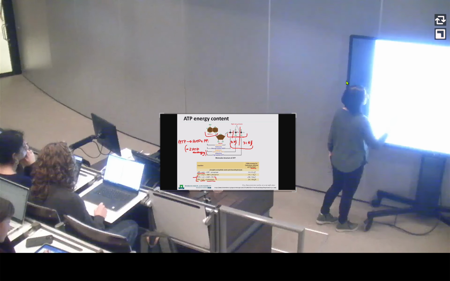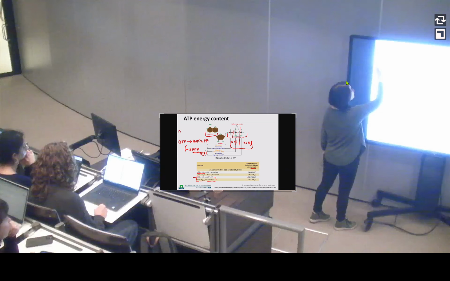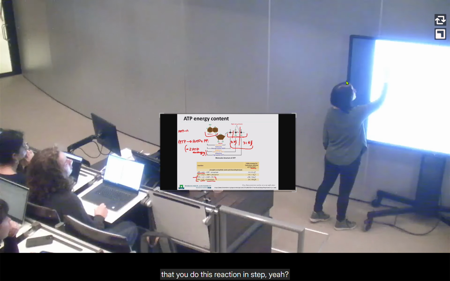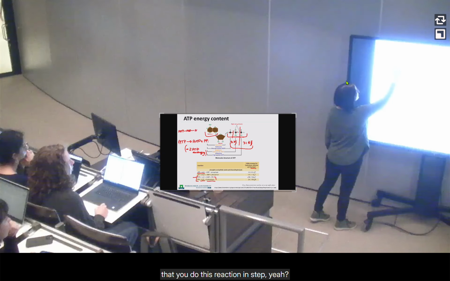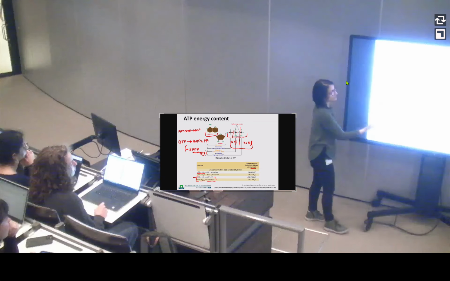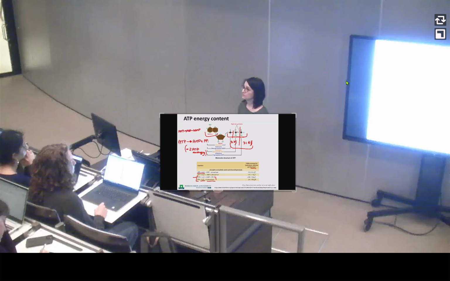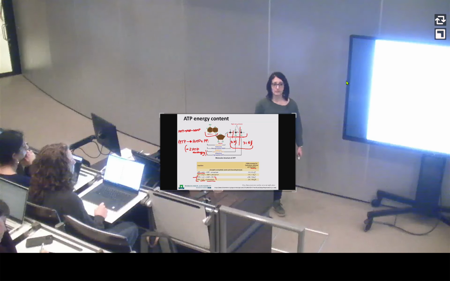Is it clear for everybody? Because it's basically like doing this reaction in steps, but you do it as a single reaction. So the equivalent of energy would be 2 ATP. Is it clear?